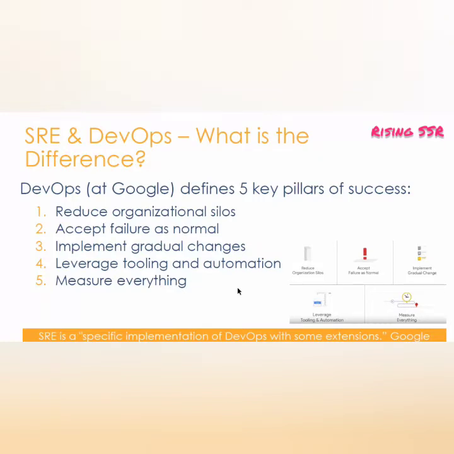Last two pointers: it talks about leveraging automation as best as possible. Automation, all of us know, has become a very important buzzword across the industry. Everyone talks about automation, automation, and automation.